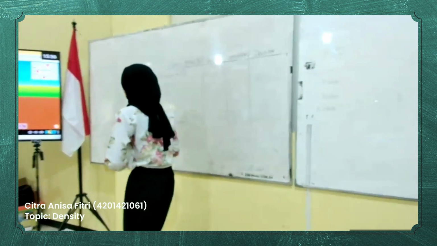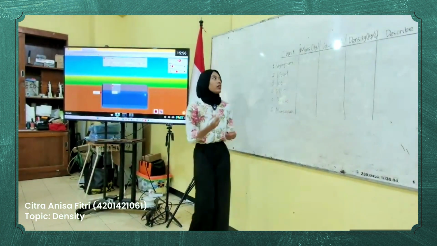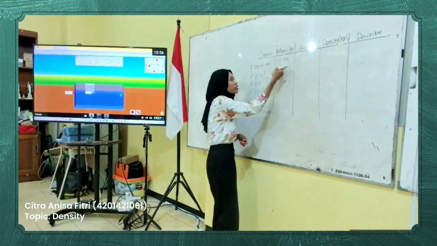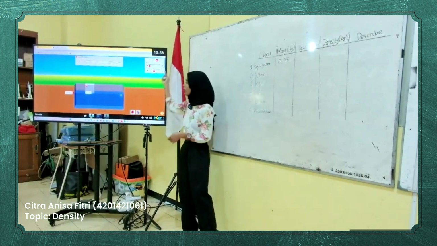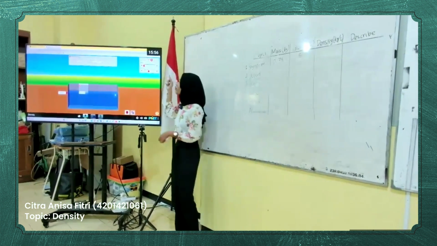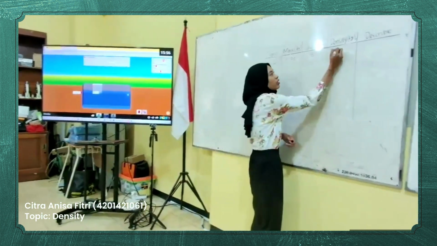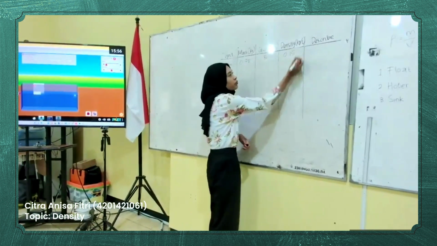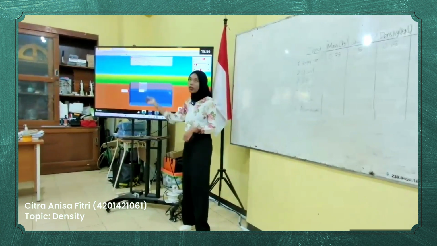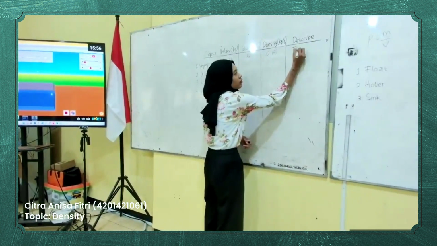Okay, so the styrofoam has a mass of 0.75 kilograms, and the volume is 5 liters. And the styrofoam has a density of 0.15 kilogram per liter. And we can see that the styrofoam will be floating. We can write here, float.